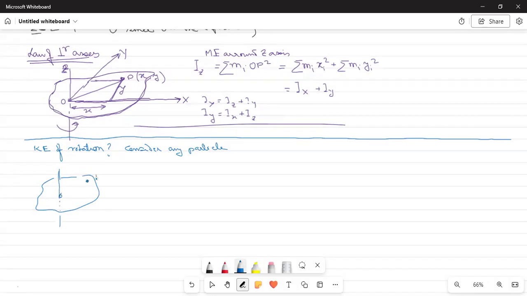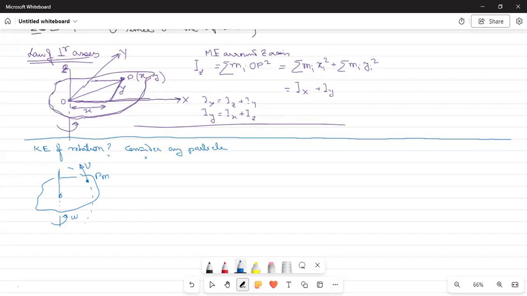If you take any particle P of mass m, rotating with angular velocity omega, and say at any instant its linear tangential velocity is v. Right?